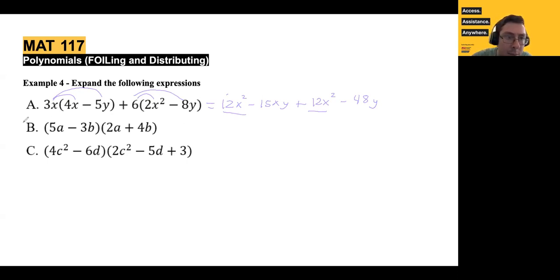This will be equal to 24x squared, and we just keep the minus 15xy minus 48y.